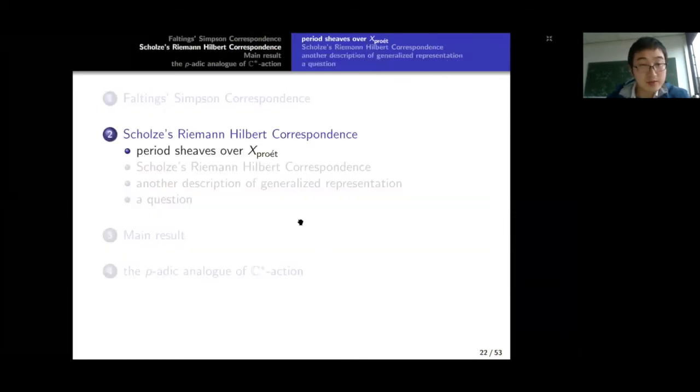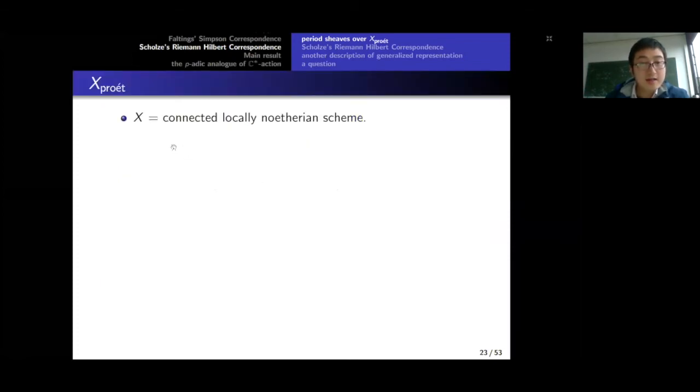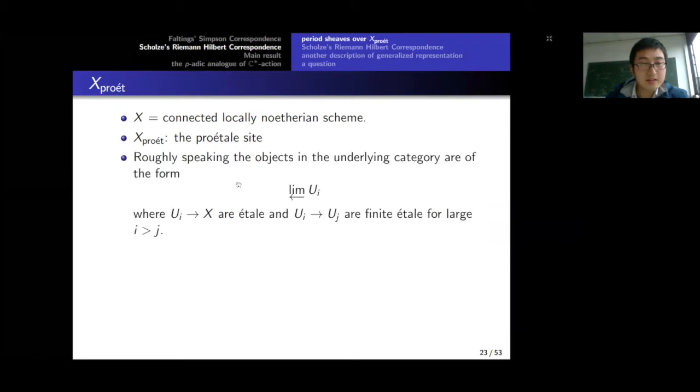Next, I want to introduce Scholze's Riemann-Hilbert correspondence. First, I need to introduce the pro-etale site and the period sheaves over this site. For X a connected locally noetherian scheme, this pro-etale site, roughly speaking, has as objects in the underlying category those of the form limit of U_i, where U_i is étale over X, and the maps from U_i to U_j are finite étale for sufficiently large i and j.